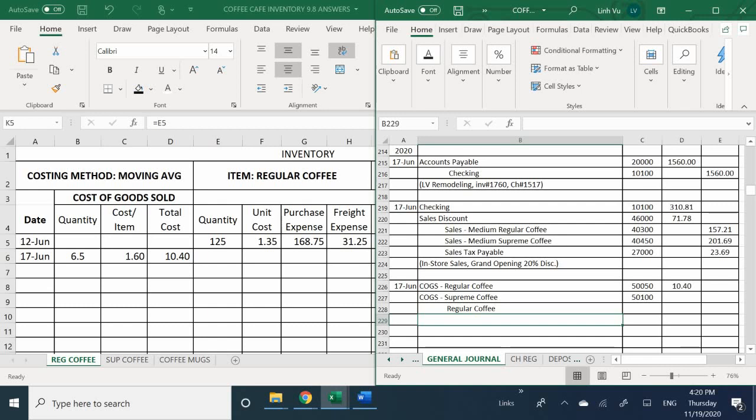Because perpetual inventory is constantly updating, if you sold something, do you still have those 6.5 pounds left? No, you already used it. It's gone. So that's why we have to update our inventory for regular coffee and for our Supreme coffee.